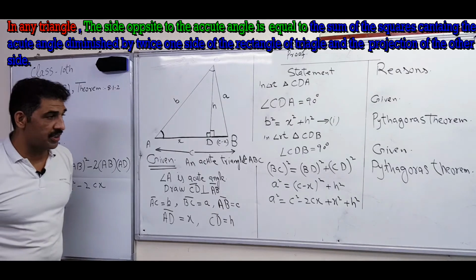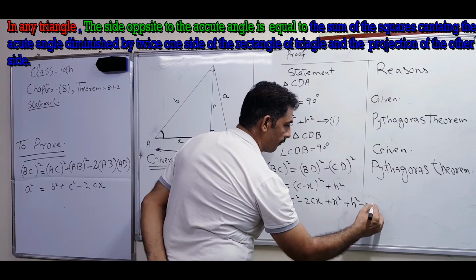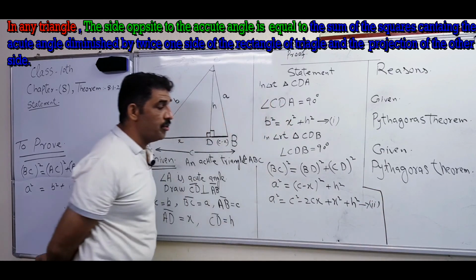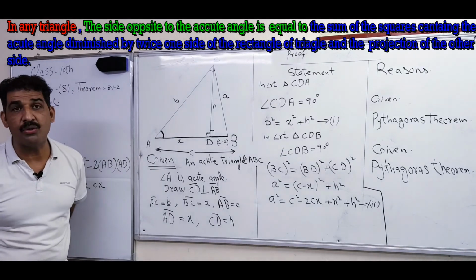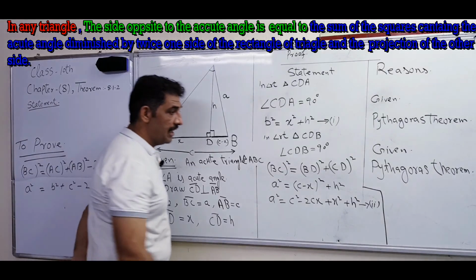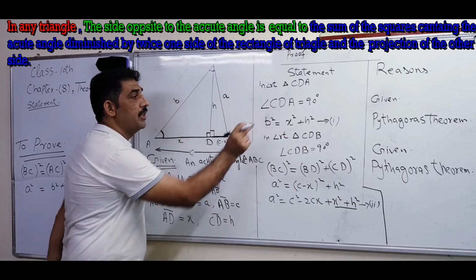I want to name this equation number 2. I want to use equation number 1 here. How to use equation number 1 here? Good, that is the result: x square plus h square is equal to b square.